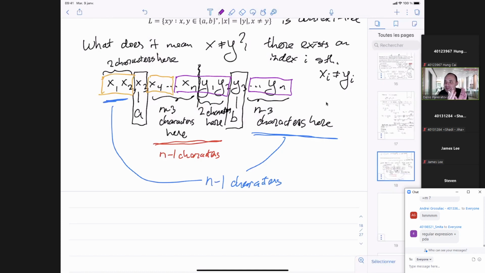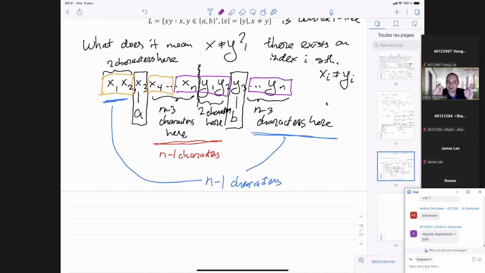So rather than splitting it in the middle, I kind of made the two positions where the strings were different to be surrounded by the same number of characters. And that decomposition always works.